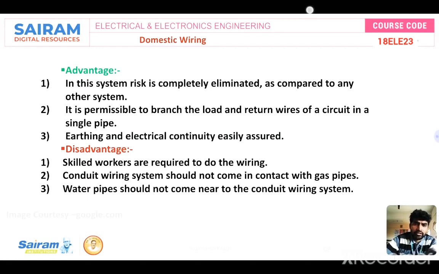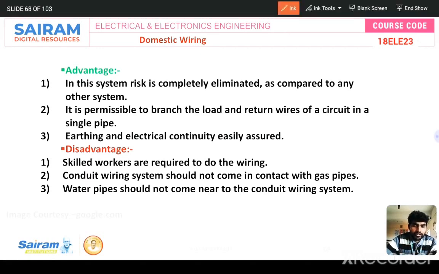Now the advantage of concealed conduit over open conduit, you can say directly, right? Concealed conduit is free from hazards, free from burning, free from breakages. But in surface conduit wiring, if the equipment is not in working condition or is broken, and you use it, you may get a shock.